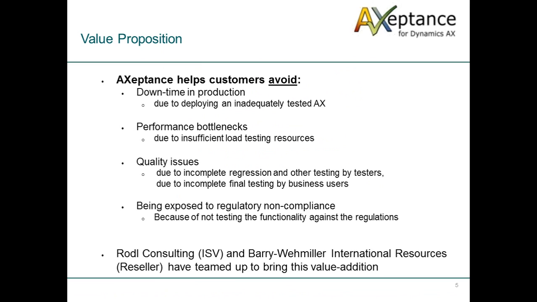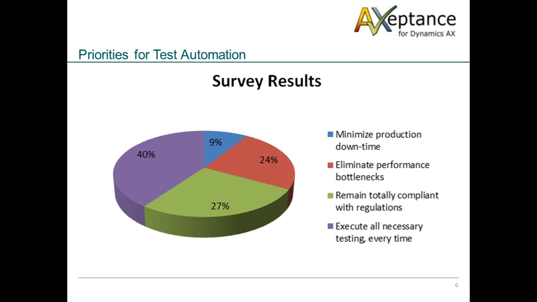So with that, as I mentioned before, the two teams here, Rodl and Barry-Wehmiller International Resources, have teamed up to bring you the tool. As a part of this, we wanted to get an idea of where the problem areas lie and what's most important from a testing perspective.